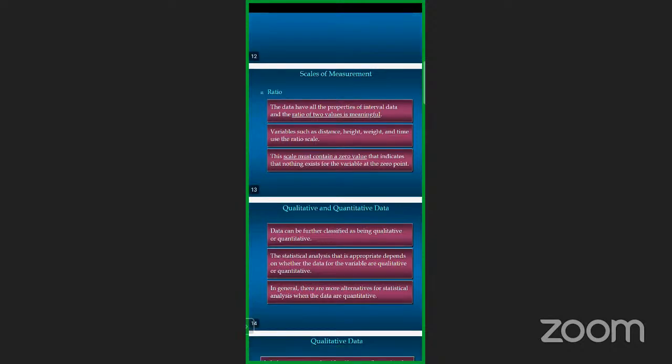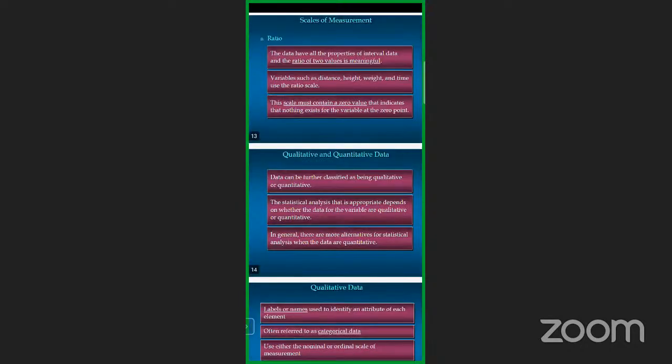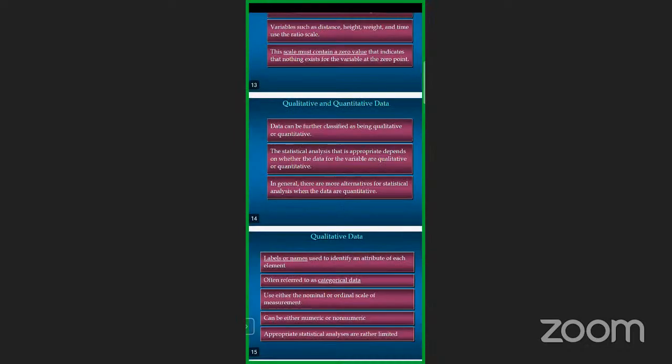So for qualitative data, there are some things which can't be expressed in terms of numbers, like labels or names used to identify an attribute of each element. Labels or names, the name of a person, can't be expressed in numbers.